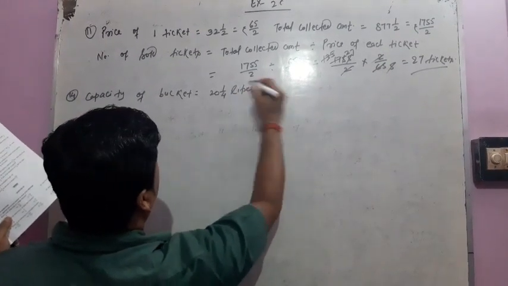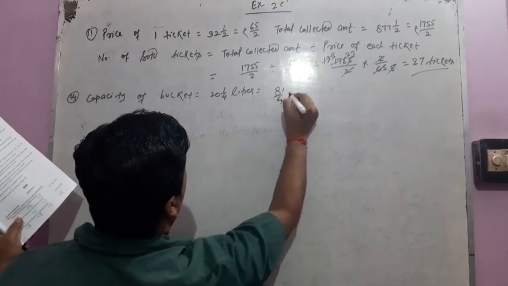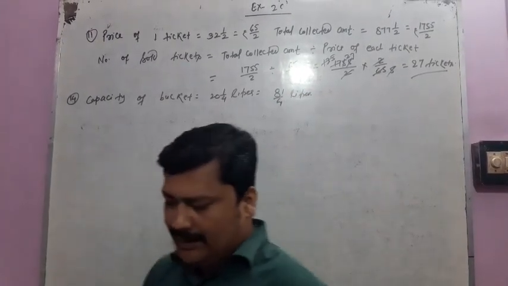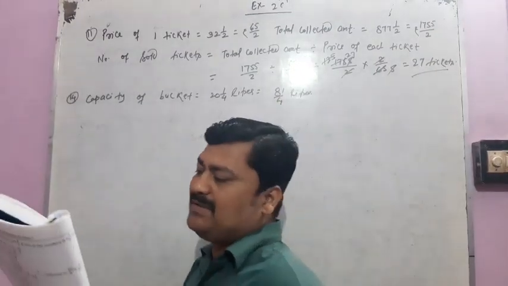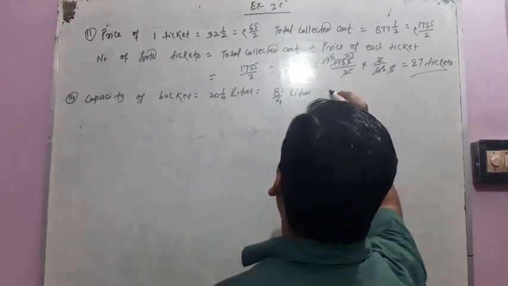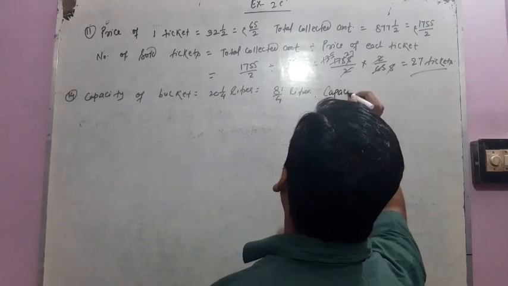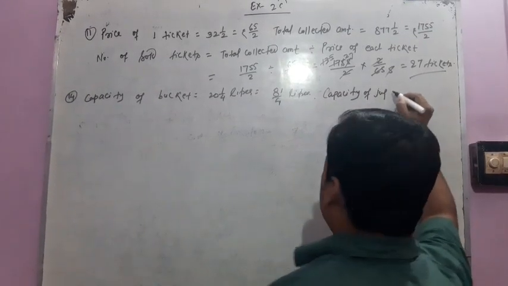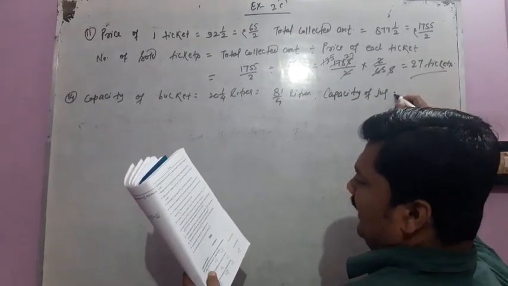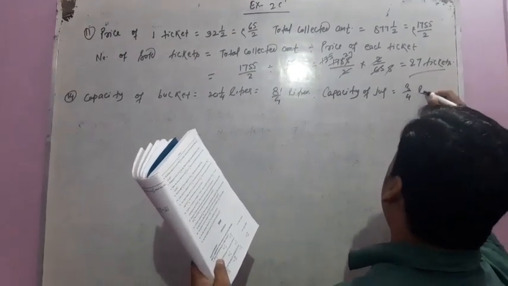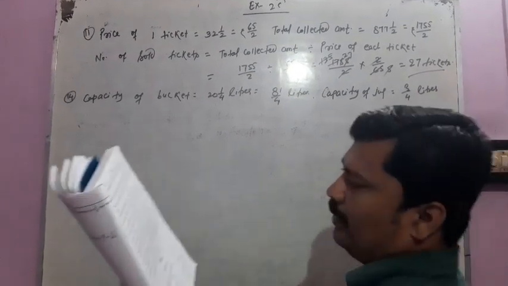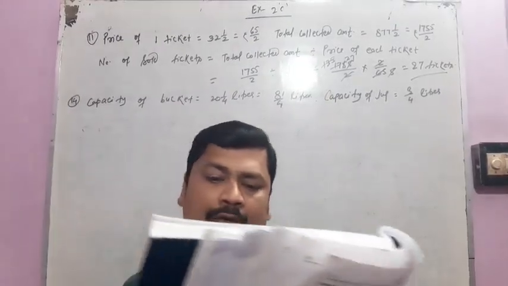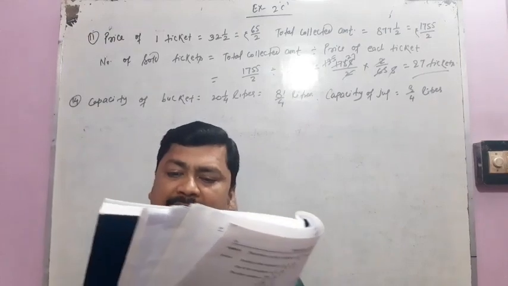Means 20 4s are 80 and 1, 81 by 4 liters. And a small jug has a capacity of 3 by 4 liter. Okay, how many times the jug has to be filled with the water from the bucket to get it emptied?